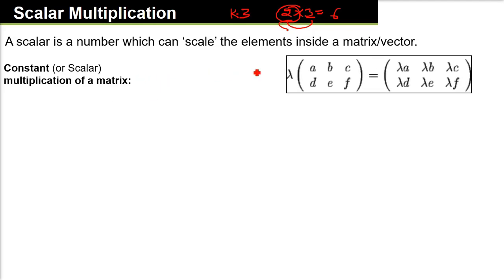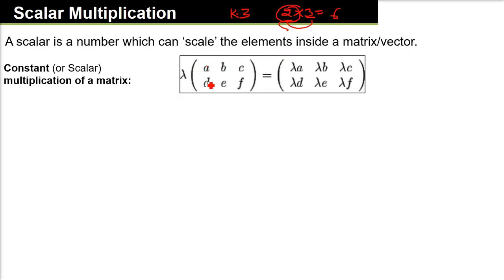So constant or scalar multiplication of a matrix is simply a number, which can be any number, less than 1 or more than 1, multiplied by the elements inside. All the elements of the matrix will be multiplied by this scalar number k, that is lambda, multiplied to each and every element.